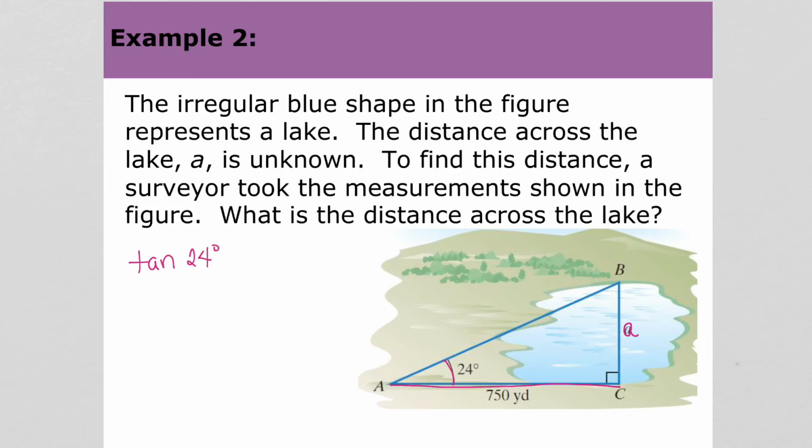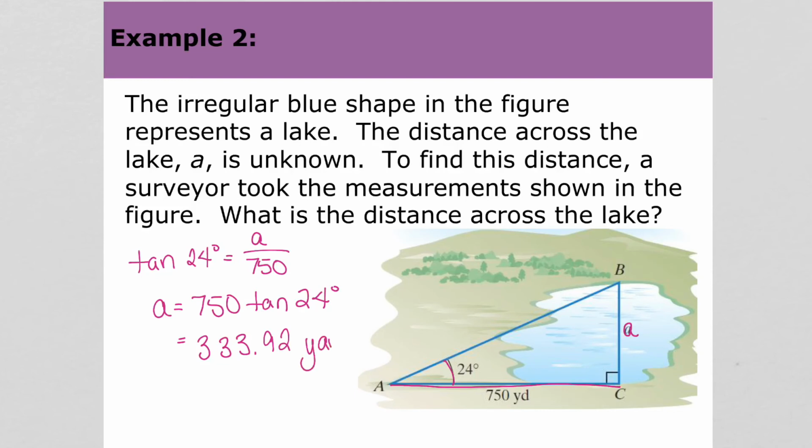Tangent of 24 degrees is opposite, that's A, over the adjacent, 750. Multiply by 750, and so A is 750 times the tangent of 24. Make sure your calculator's mode is in degrees and stick it in. The distance across the lake is 333.92 yards. Don't forget your units.